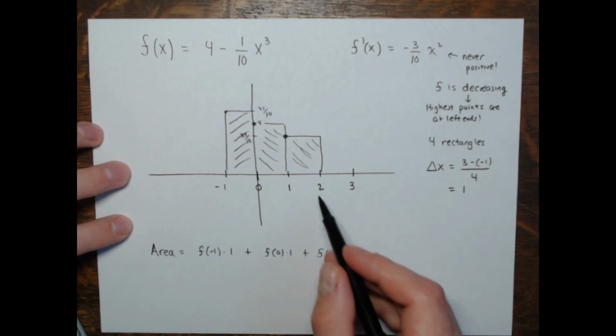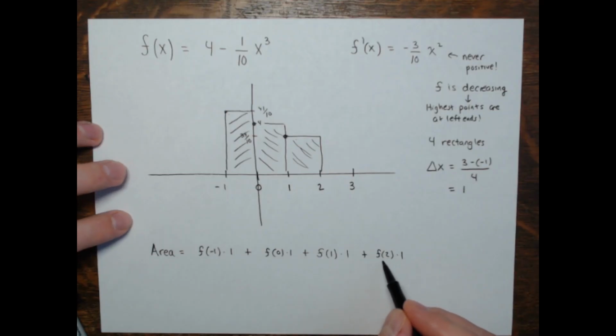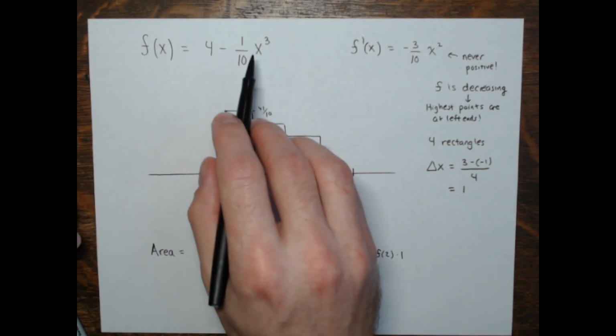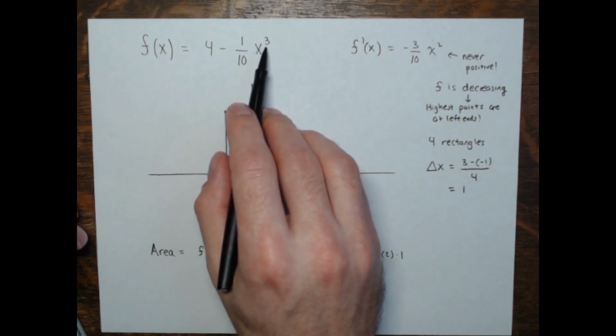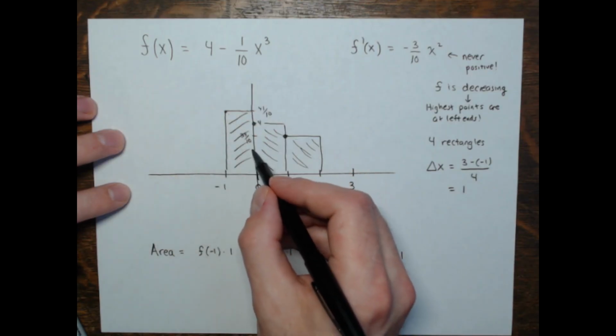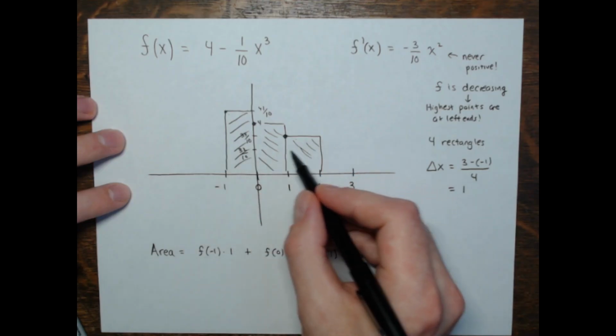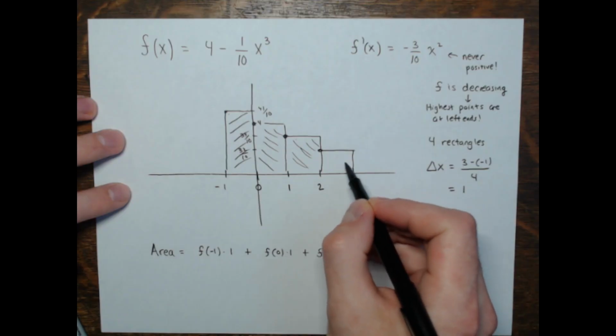And then finally, plug in 2 times 1, right? Height times width. Now 2 cubed is 8. So that's 40 tenths minus 8 tenths, that'd be 32 tenths. So again, this would be this height, and we get this area.